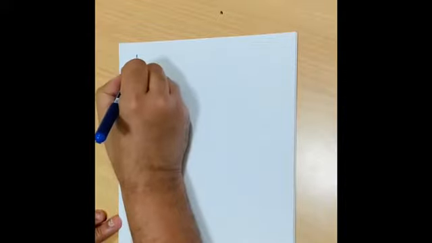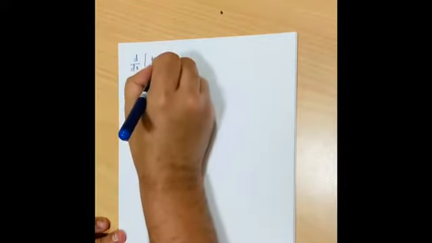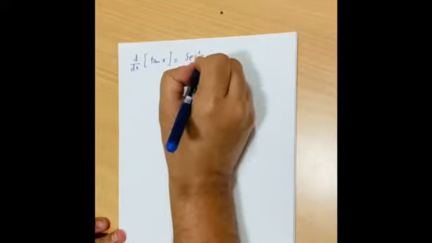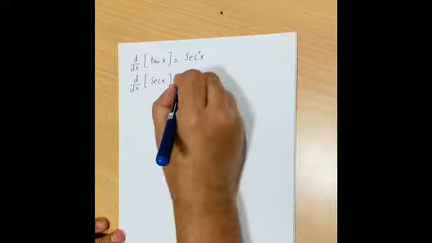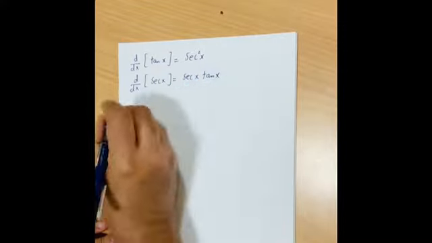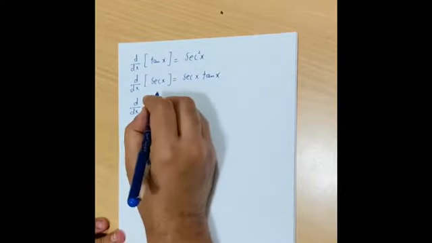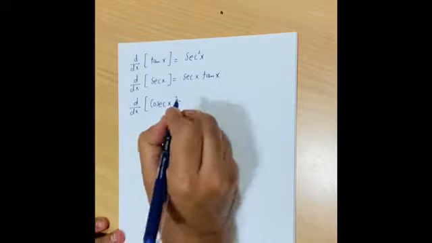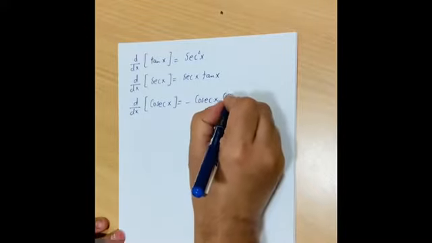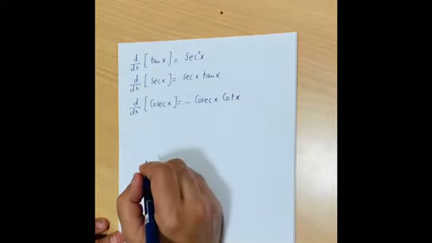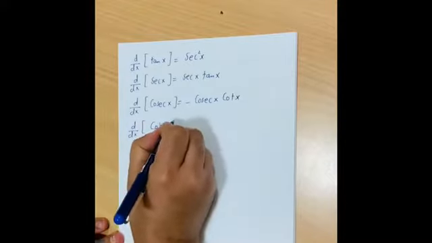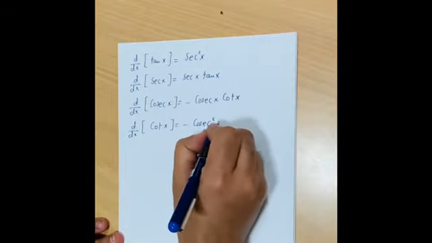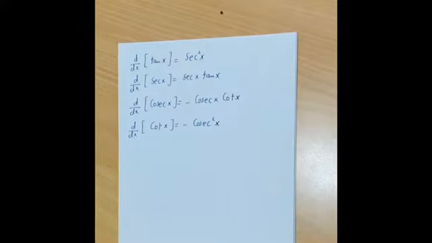So, d by dx of tan x is equal to sec squared x. d by dx of sec x is sec x tan x. d by dx of cosec x is negative cosec x cot x, and you have these rules in the textbook and they will be given in the final exam in the formula sheet. d by dx of cot x is negative cosec squared x.